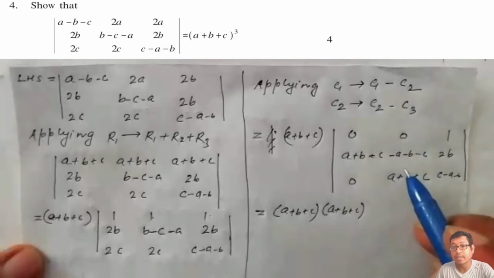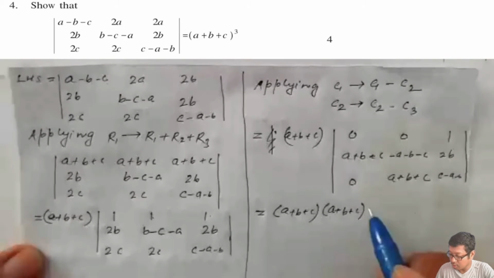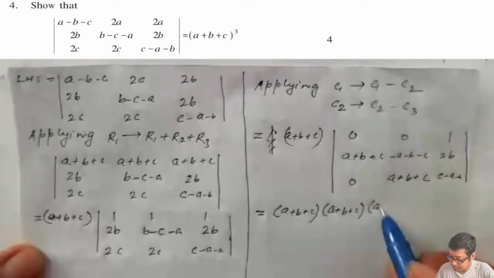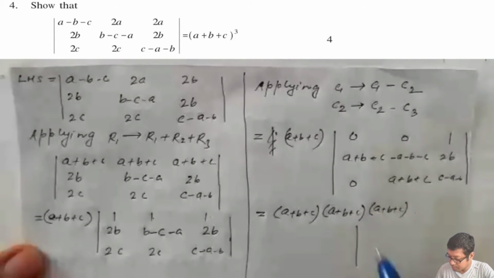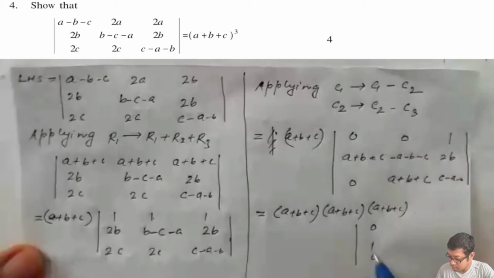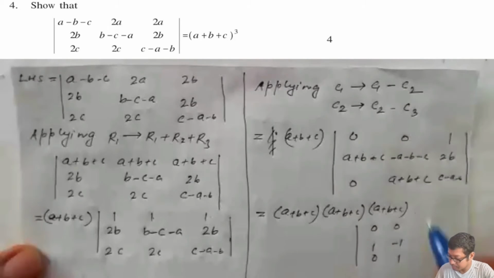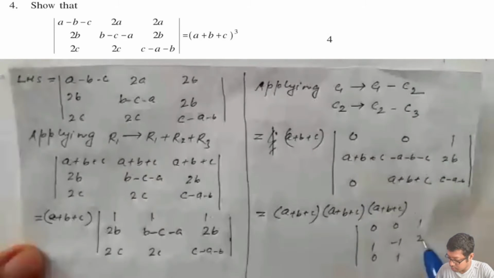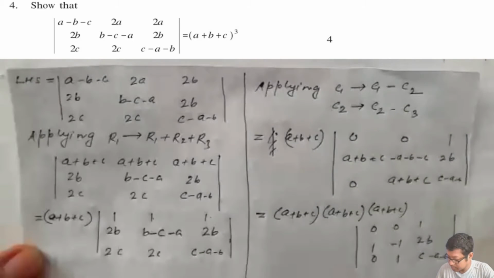If you observe the second column, from there also I can take a plus b plus c as a common quantity. So we are left with 0, 1, 0, 0, minus 1, 1, 1, twice b, c minus a minus b.